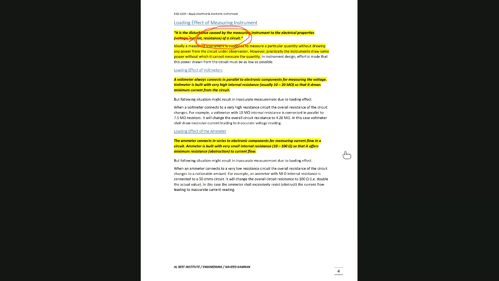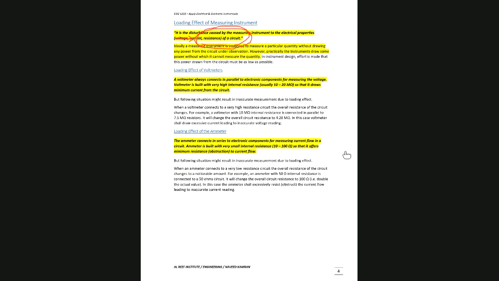To reduce the loading effect, we want to consider that when the voltmeter is connected in parallel, it is giving an alternate way for current flow. So current will actually come out of the circuit and flow through the voltmeter. But we want the current drawn from the circuit to be as minimal as possible.